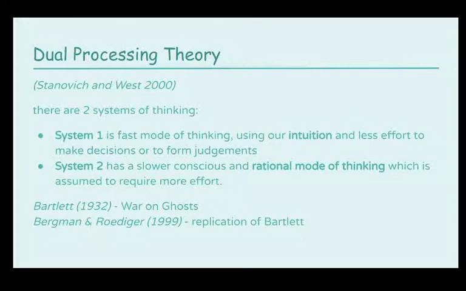So examples of studies that you can use in support of these would be Bartlett in 1932 about the War of the Ghosts, or Bergman and Roediger in 1999, which was actually the replication of Bartlett's War of the Ghosts. There are actually more studies that you can use in support of these. However, in psychology, because there's a lot of studies that we can use, and everyone has their own studies, these are merely examples of what we can use.